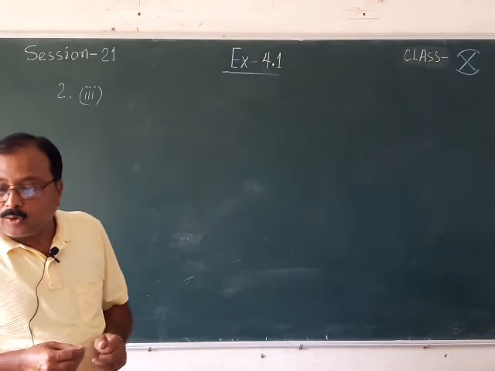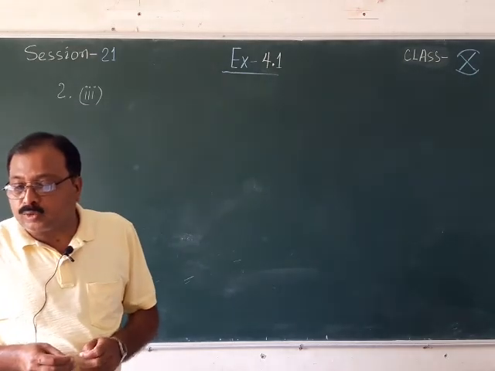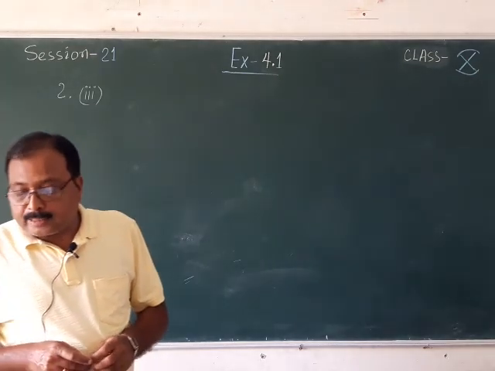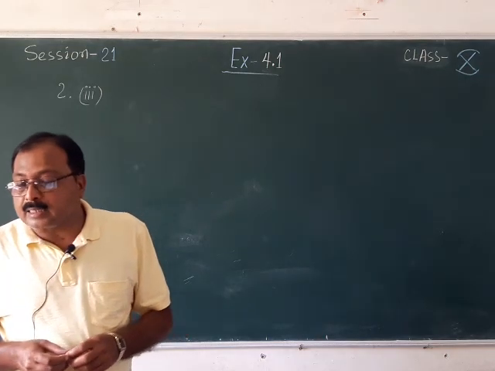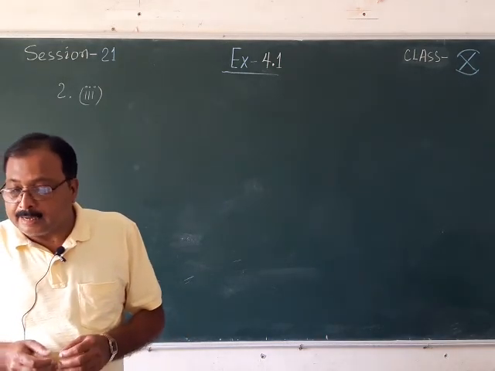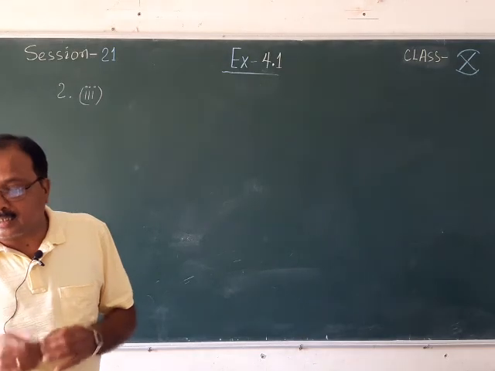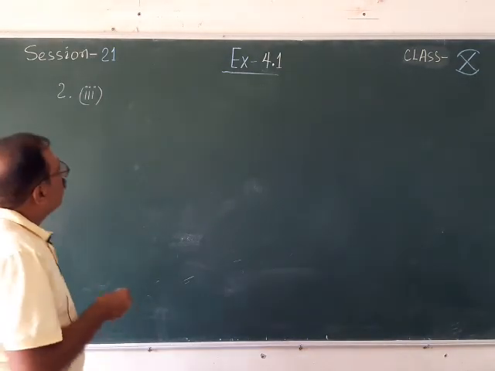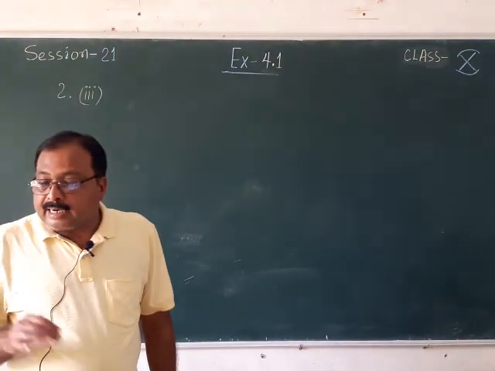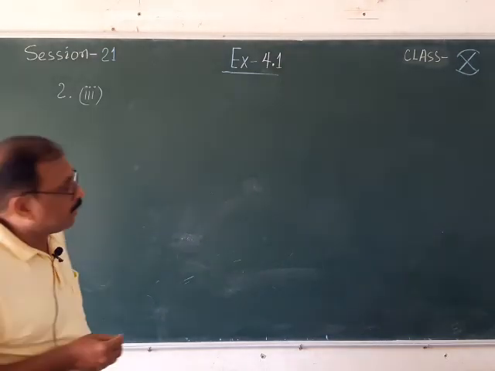So what are the things given in this question? Rohan's mother is 26 years older than him. That means it is the present situation. So you have to let the present age of Rohan be x years.